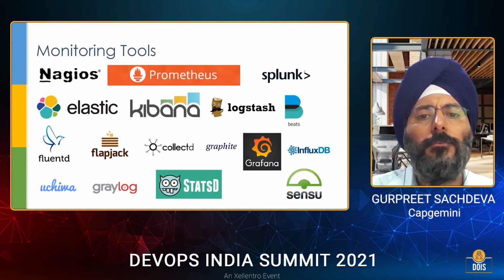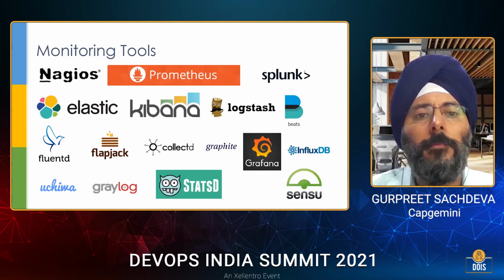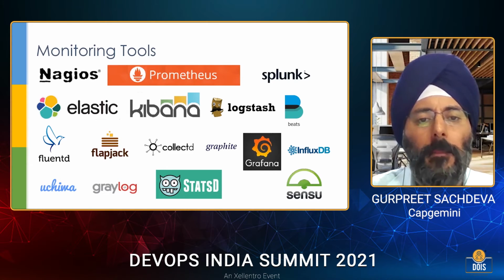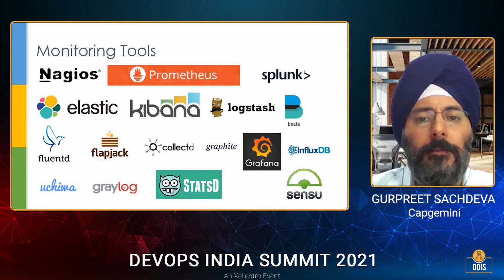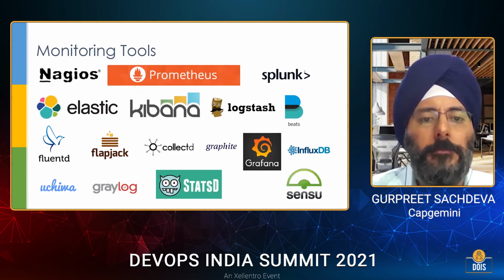Sensu is an open source infrastructure and application monitoring solution that monitors servers, services, and application health and sends alerts and notifications with third-party integration. Flapjack sits atop existing monitoring engines like Nagios and Sensu, processing events and depicting failures.